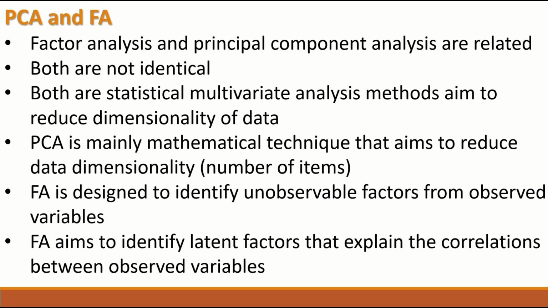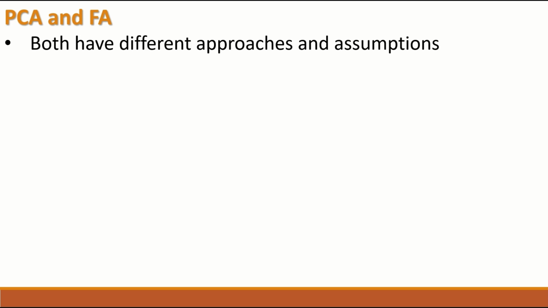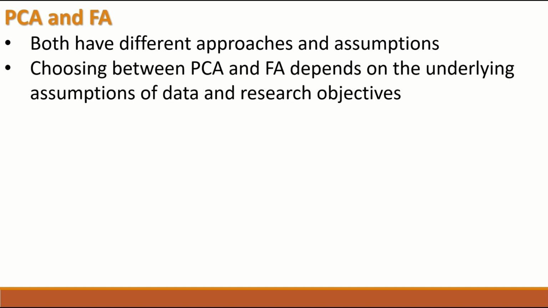So there is a subtle difference between PCA and FA. PCA is a data reduction technique, to reduce the number of items. FA is designed to look for latent factors.